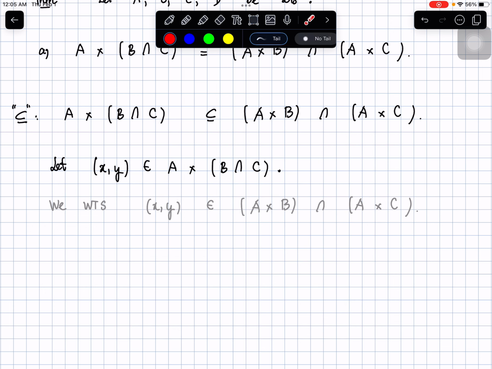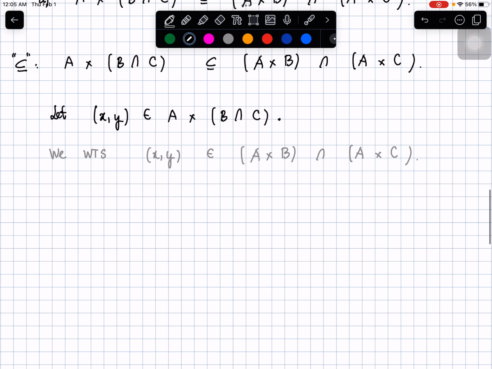So now let's look at our hypothesis. x comma y is an element in A cross (B intersect C). What does that mean?